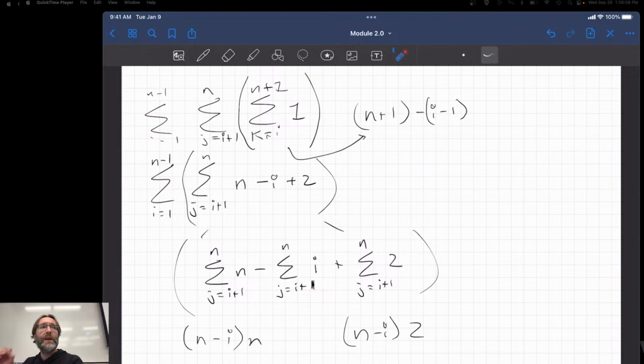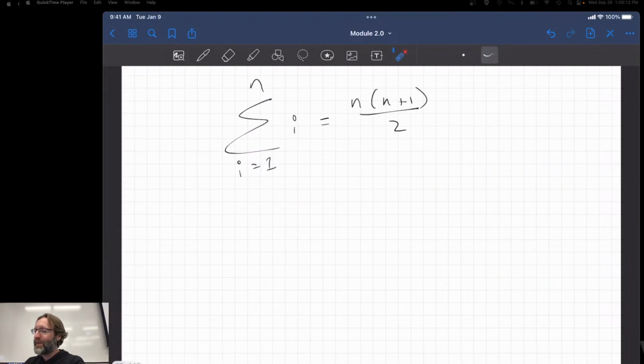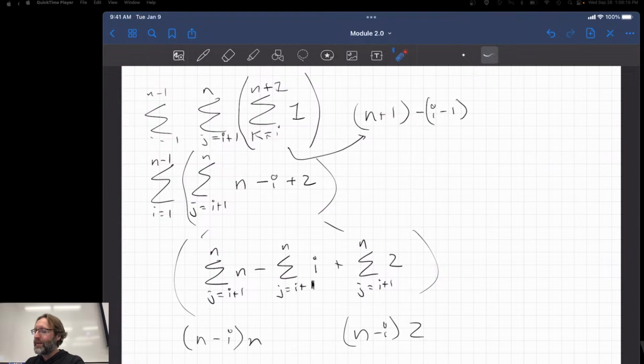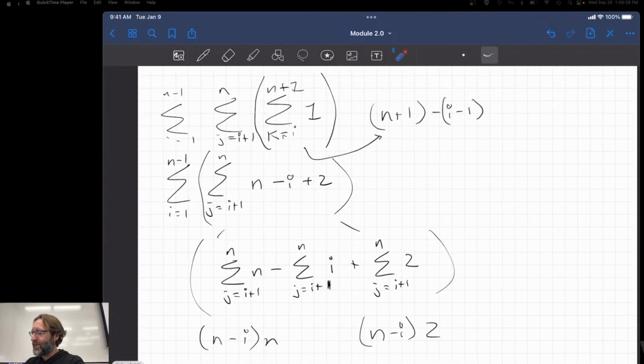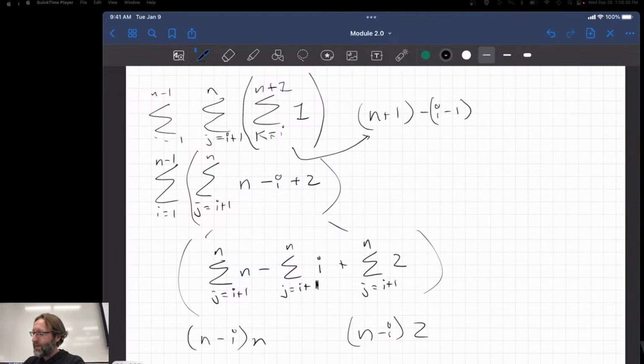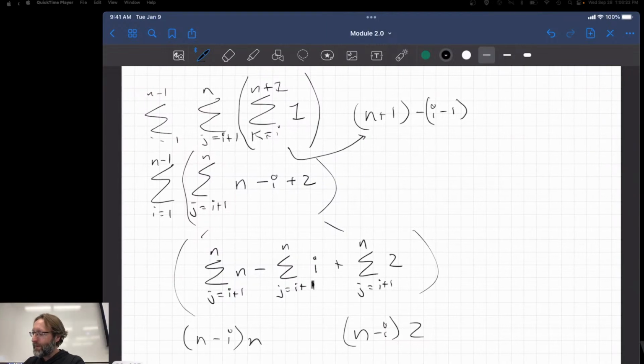So what's the summation of i from 1 up to i? We need a different variable there. Right? In fact, did I screw up? I shouldn't have used i there, I guess. What did I use? Oh, I should have used k. All right, that's fine. This ends up being j, I think, right?